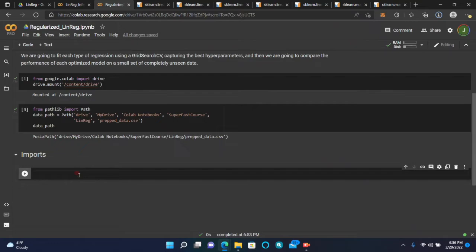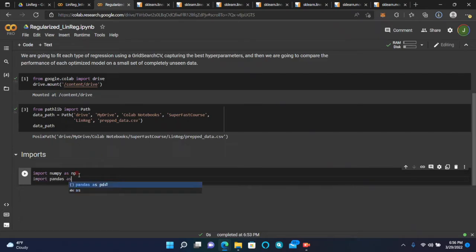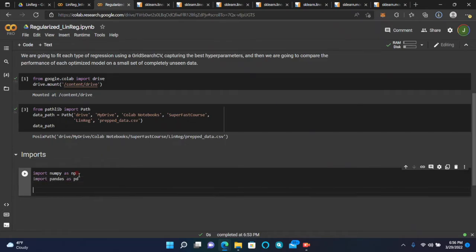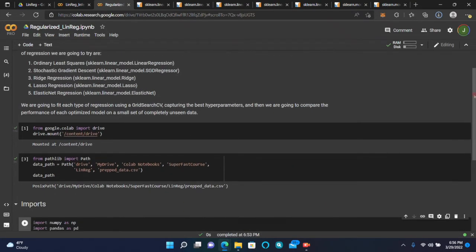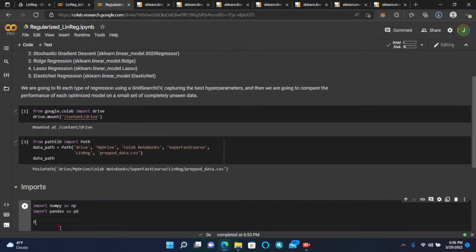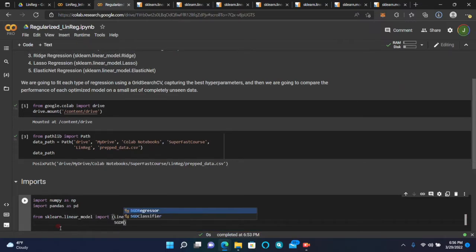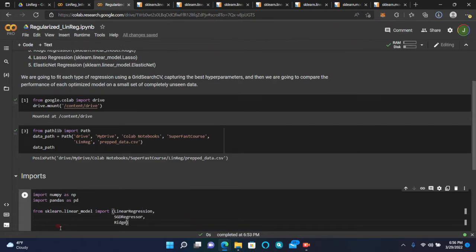So let's talk about what we're going to need to import. We are going to want NumPy. We'll want pandas to help us load the data. We're going to need all those things we talked about from scikit-learn. So let's do from sklearn.linear_model import, let's see, what did we need? We wanted LinearRegression. We wanted SGDRegressor. We wanted Ridge.